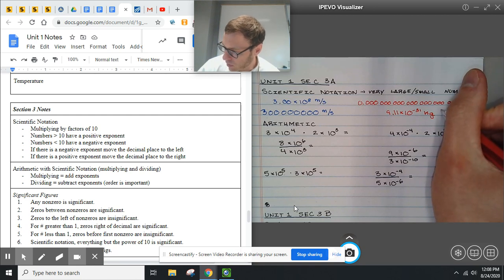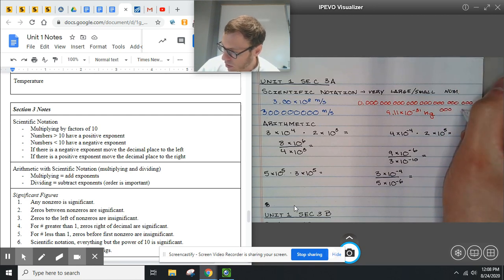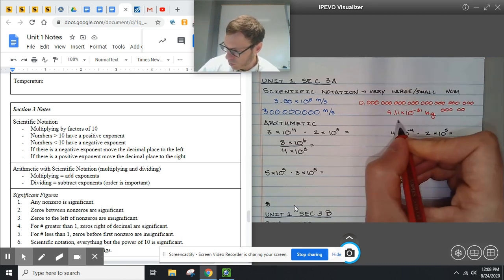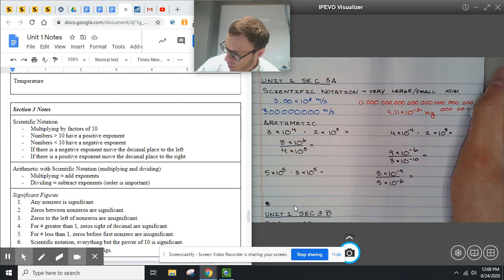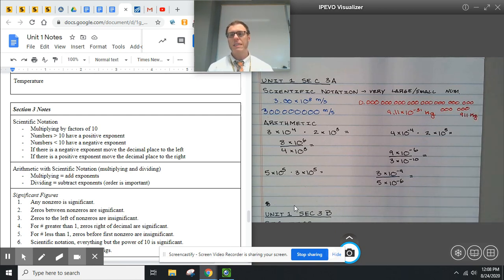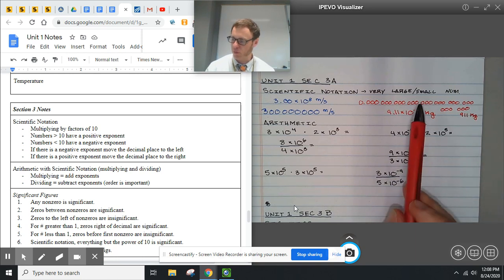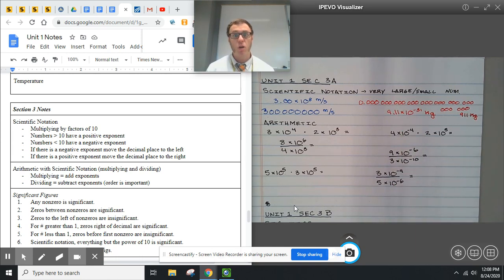And I don't have enough space. 25, 26, 27, 28, 29. Let's see. 30. 31, there we go. So you can see that scientific notation is a better alternative than standard notation for writing this really small number. So we're going to keep it that way. We're going to use scientific notation.